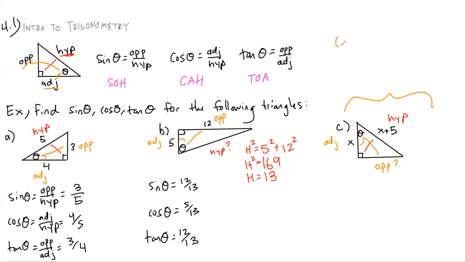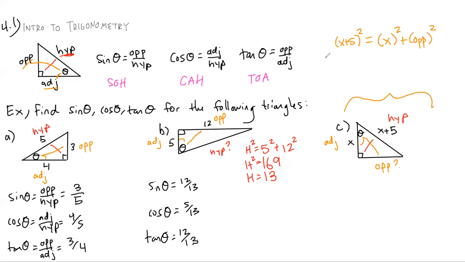My hypotenuse squared is equal to my adjacent squared plus my opposite squared. I'm going to use the whole word opp instead of just O because O looks like zeros. So I can set this up.